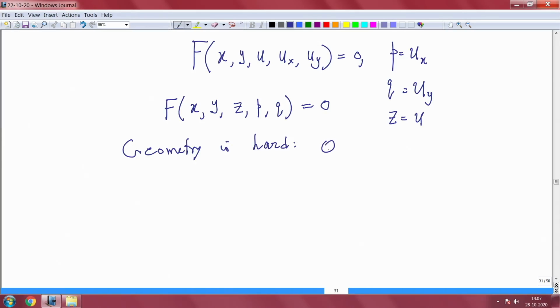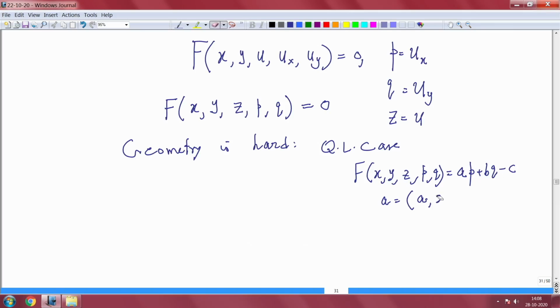In the quasi linear case, you will have seen that f of x, y, z, p, q is equal to a p plus b q minus c, where a, b, c are functions of x, y, z and it is linear in p and q.